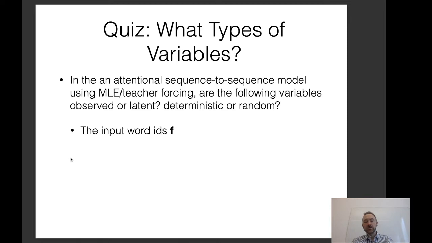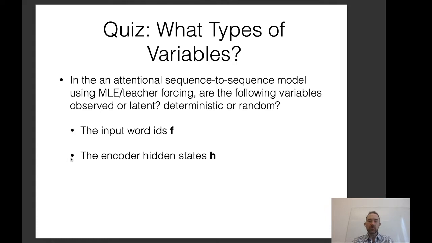The input word IDs f are observed, but we could consider them random variables because we assume they were generated according to some process where people speak or something like this. So we assume that the input to our model is generated according to some process that generates our data. So these would be observed variables, but random variables.